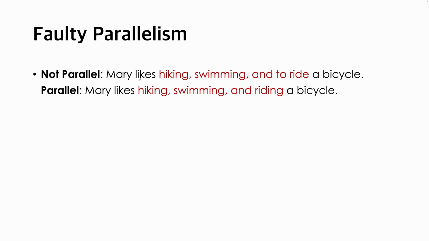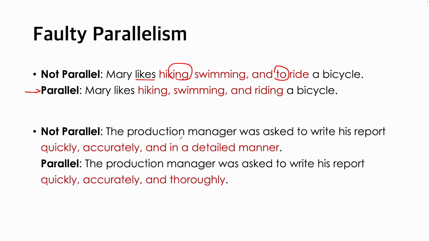Okay, as I said, like can take both ing or to infinitive forms, but when you construct a parallel structure, you cannot mix them. Okay, you have to choose one and stick to that at least within one sentence. So you can correct it into this. Mary likes hiking, swimming, and riding a bicycle.